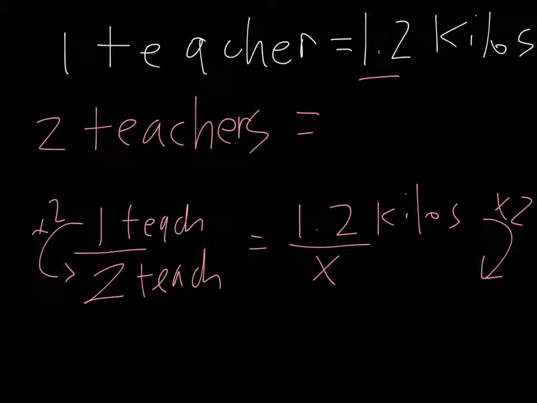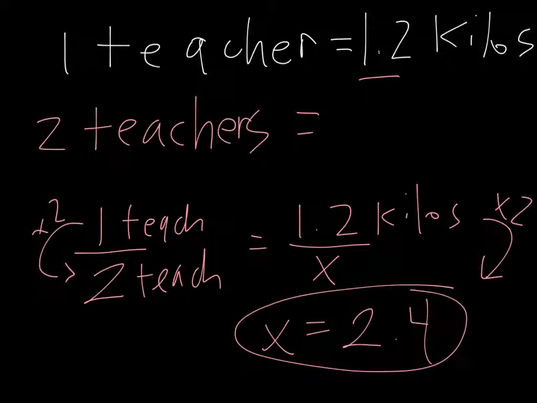So if I multiply 1.2 by 2, it's going to give me, all right, hope you figured that out, 2.4. And that is our answer for this one. One teacher equals 1.2 kilos. 2 teachers would be 2.4 kilos. This is a ratio. It's an even comparison. Okay, guys?